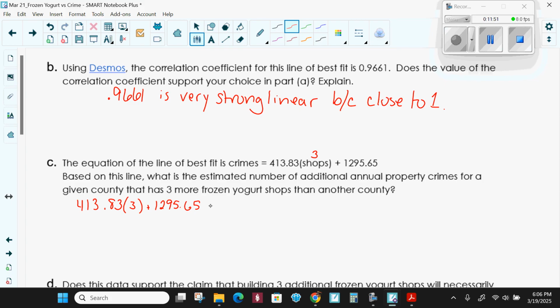So this says we can expect approximately 2,537.14 crimes in our area if we have more crimes. So for every three shops, this is how much it should increase by.